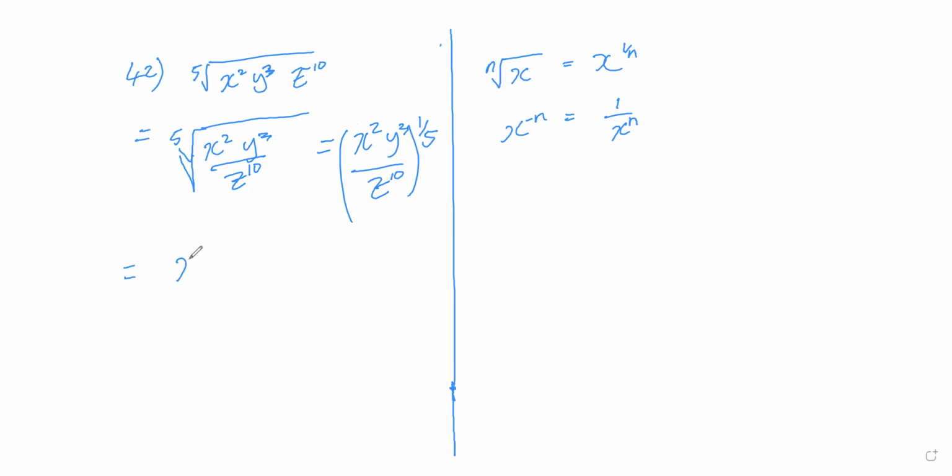It then becomes x to the 2 over 5, y to the 3 over 5, divided by z to the 10 over 5, which is x to the 2 over 5, y to the 3 over 5, divided by z squared. And this is our final answer with all positive exponents and no radicals.